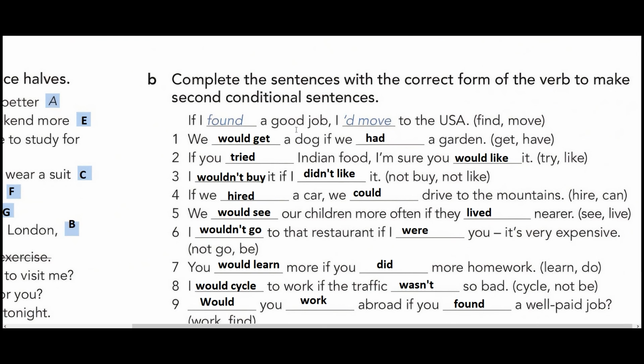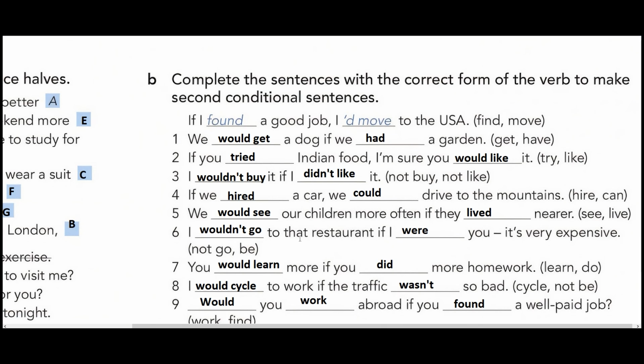If I found a good job, I'd move to the USA. We would get a dog if we had a garden. If you tried Indian food, I'm sure you would like it. I wouldn't buy it if I didn't like it. If we hired a car, we could drive to the mountains. We would see our children more often if they lived nearer.